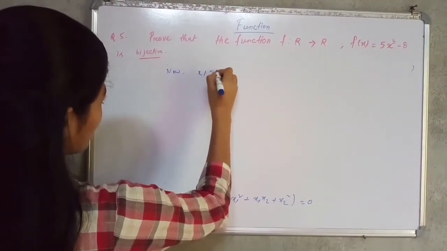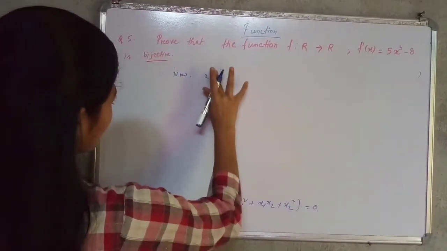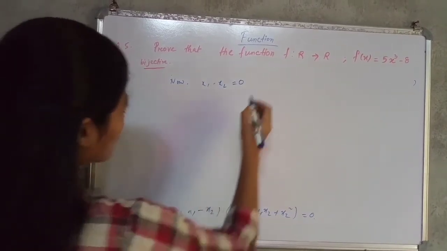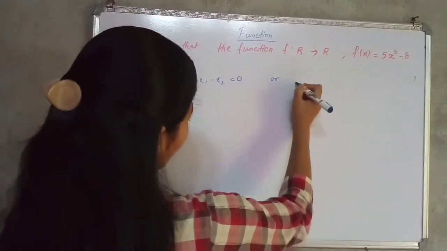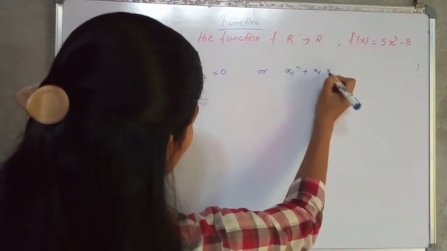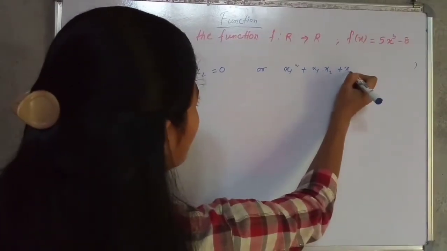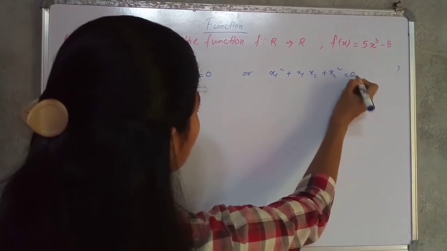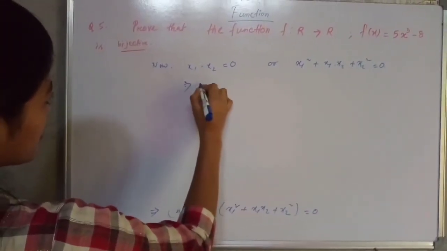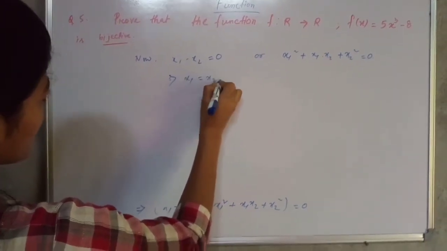Either x1 minus x2 equals 0 or x1 square plus x1 into x2 plus x2 square equals 0. The first implies obviously x1 equal x2.